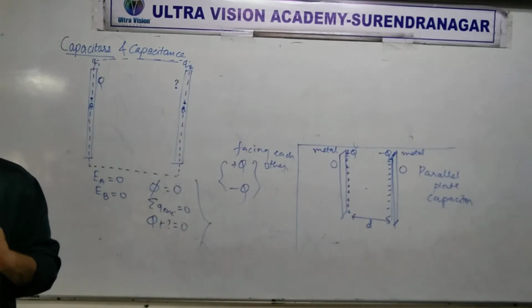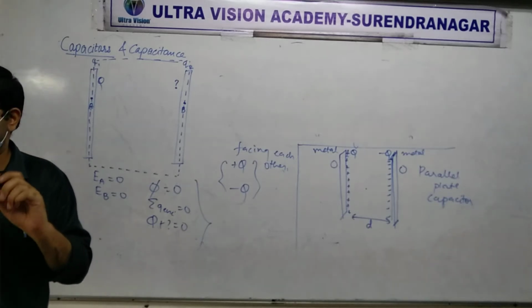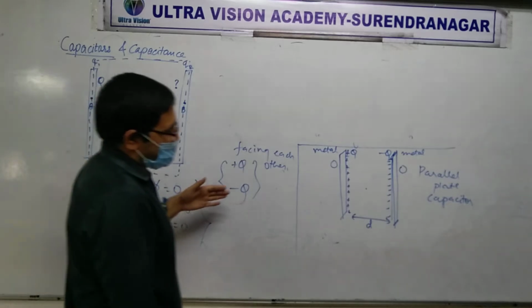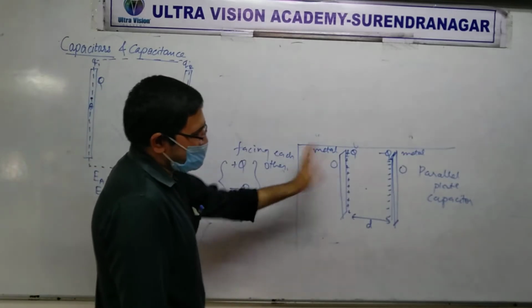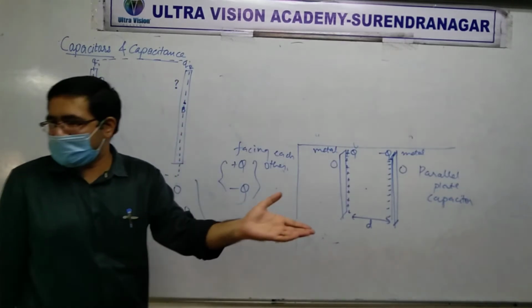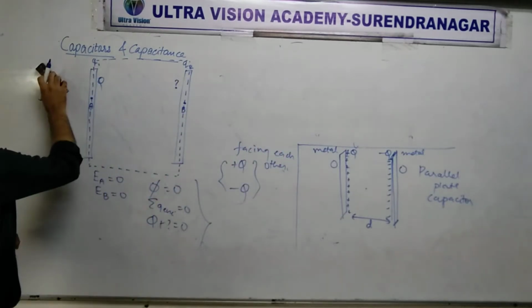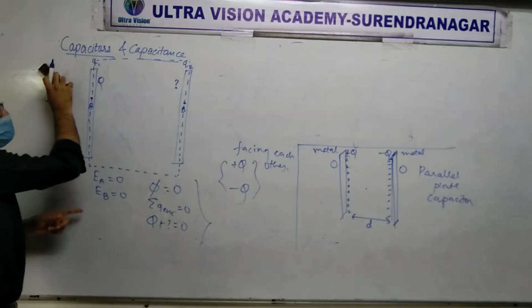You typically encounter that only in slightly difficult questions. For most questions, we don't need to worry about the charge on the outer side. So plus Q, minus Q, remember that.